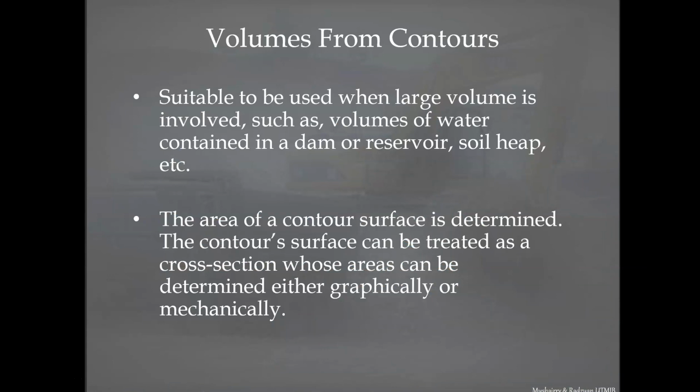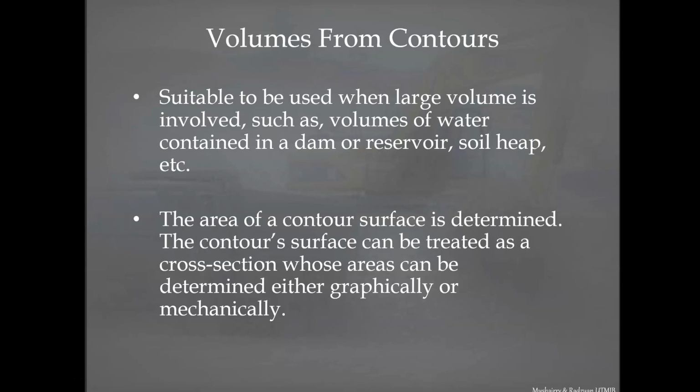When we have large volumes, such as volumes of water contained in a dam, a reservoir, a soil heap, as well as reclamation along the shore covering a vast area. So using contours is probably one of the best methods to be used.